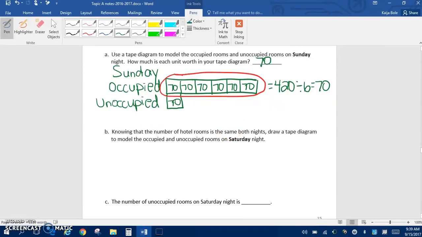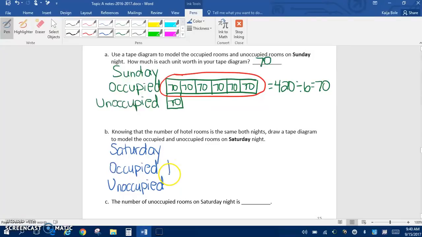It says knowing that the number of hotel rooms is the same both nights, draw a tape diagram to model the occupied and unoccupied rooms for Saturday night. So I'm going to go back to blue, and this is Saturday. Comparing the same things, occupied and unoccupied. Alright, but if you scroll back up and you look, our ratio of occupied to unoccupied was 2 to 5.